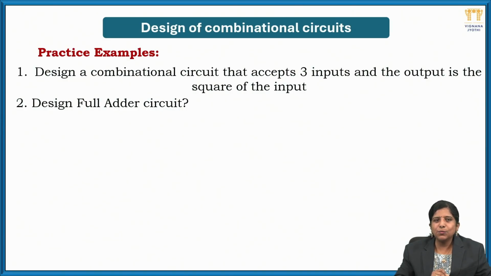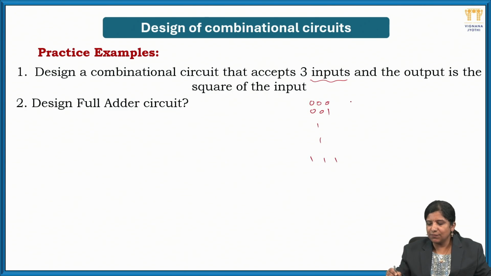So as a practice, you can implement a combinational circuit that has three inputs, but the output is the square of the input. For three inputs, you can write down the combinations from 0 0 0, 0 0 1 to 1 1 1. And you have to decide the number of outputs required.